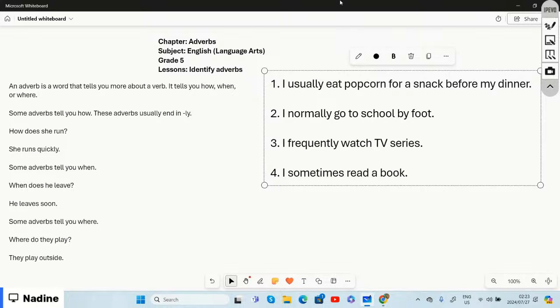If we were to identify our adverb within the sentence, we can say usually is our adverb. So usually is our adverb where we say I usually eat popcorn for a snack before my dinner. Remember, it's an adverb, right? So I usually, because that tells us how.